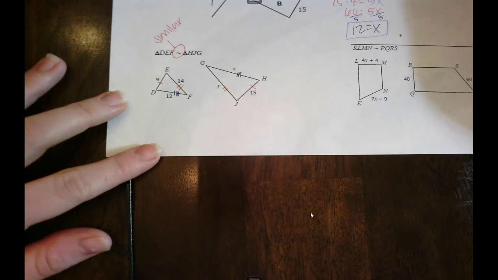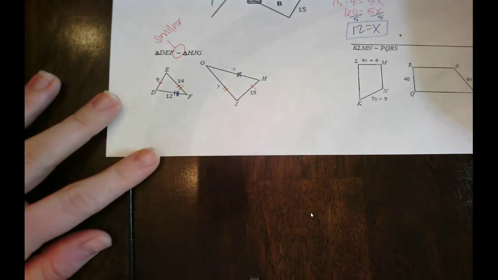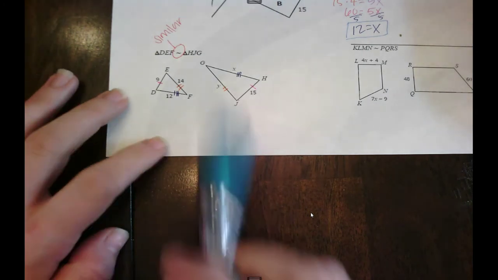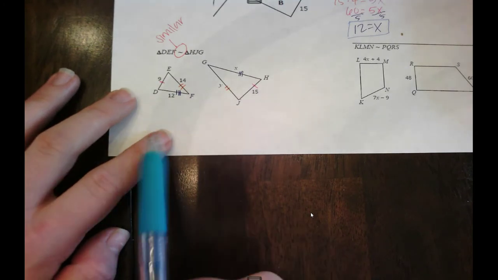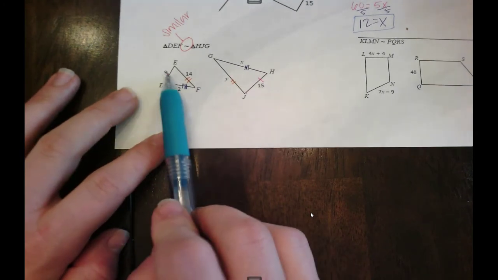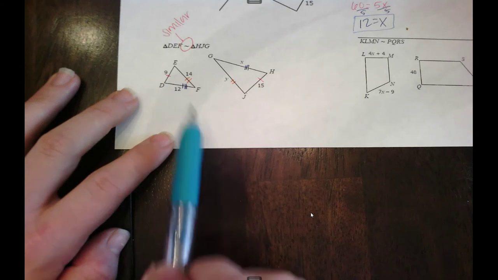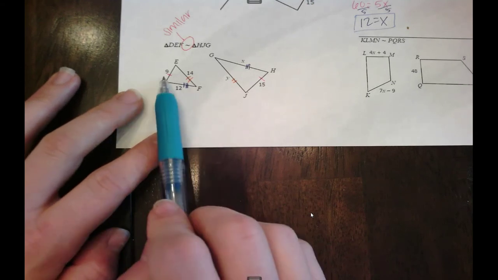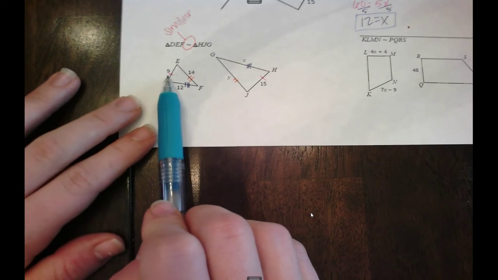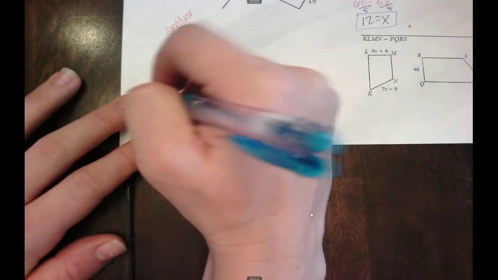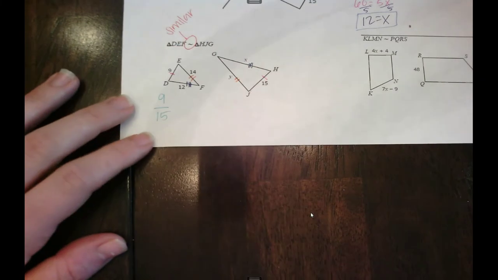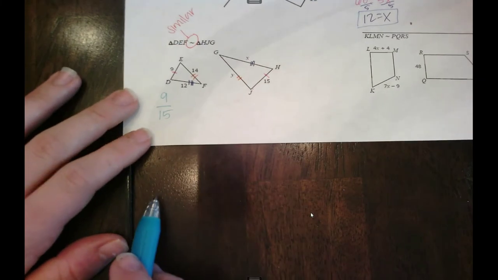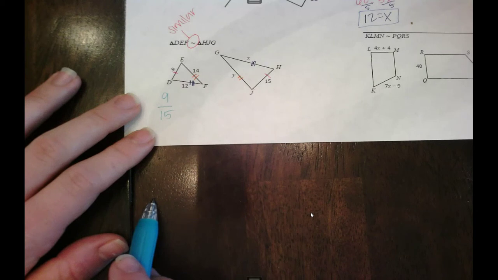That typically means that they're congruent, but you know what it means. Okay, so we want to find out what x and y is. So we're going to set up our proportions from DEF to HJG. So first I'm going to find the scale factor, which is what we have, DEF 9 over 15. And then I can use that to find y and x.